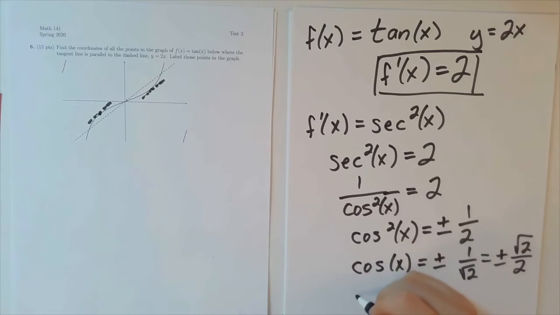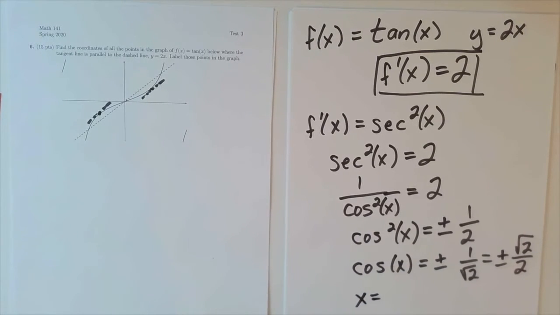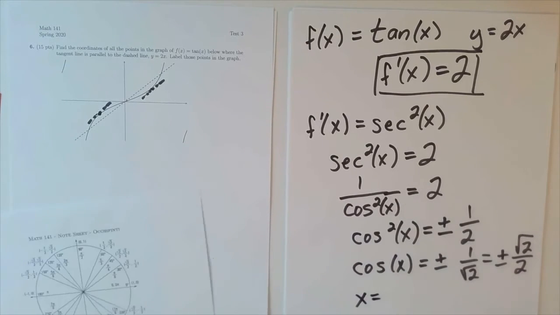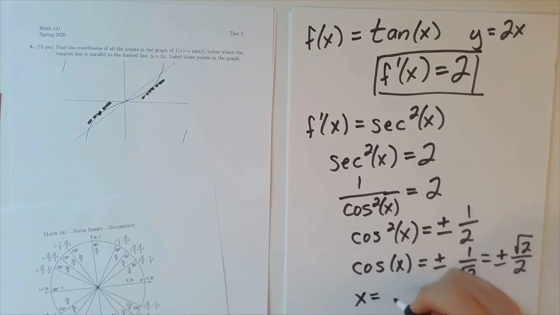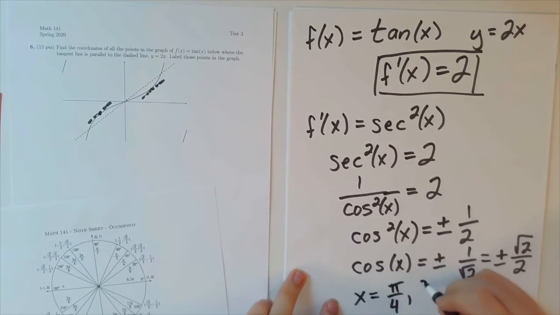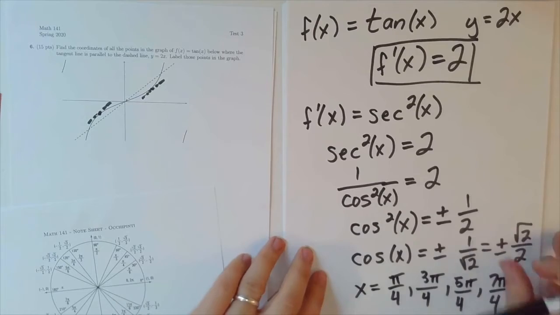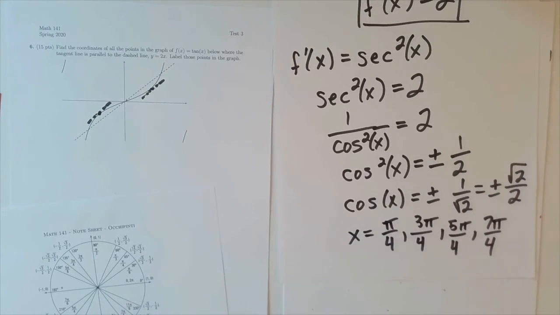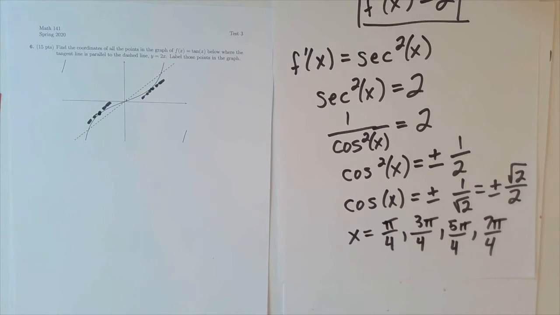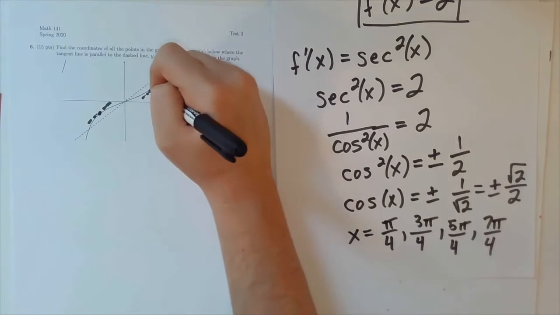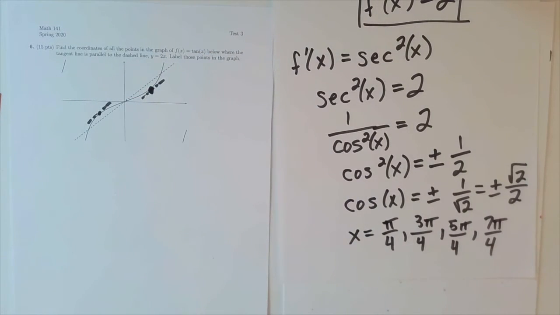Right. Well, if I pull up my unit circle, that will give me x is, and so following along, that'll be pi over 4, 3 pi over 4, 5 pi over 4, 7 pi over 4. Okay, those are the spots where cosine takes that value. Now, if you look at this, for this point that I'm looking for, x is positive.